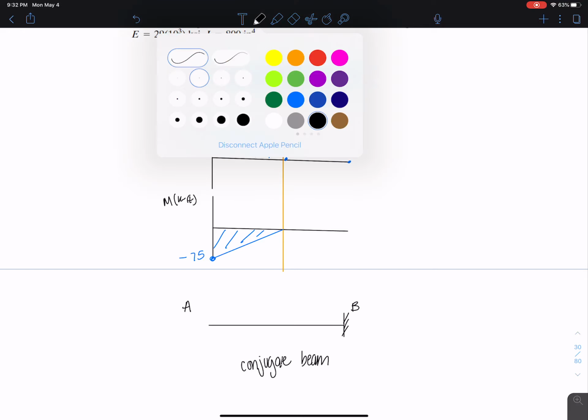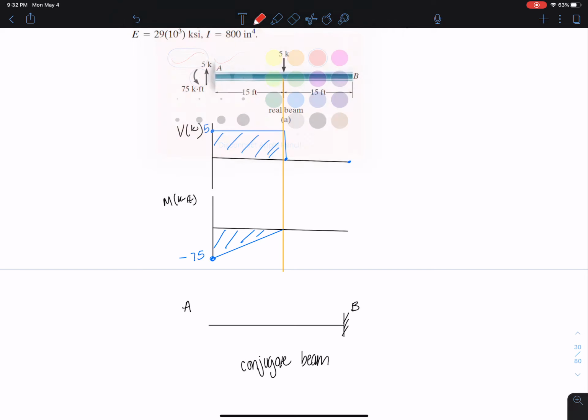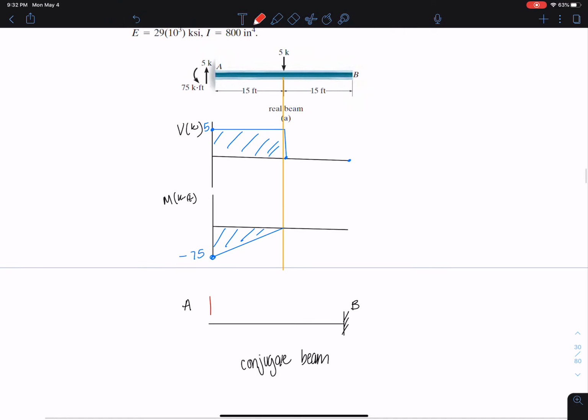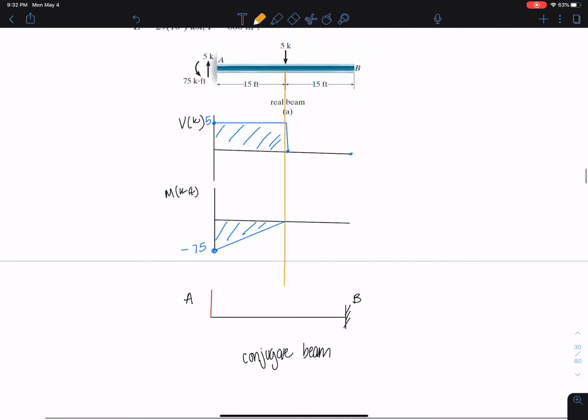The load on our conjugate beam is just going to be whatever you see on the moment diagram, and I'm drawing it going down negative, just like I would on some real loading. This is a triangular distributed load. Negative 75, going down, but it's going to be 75 over EI because of that moment curvature relationship.